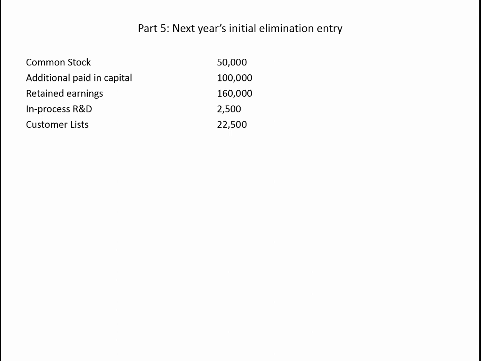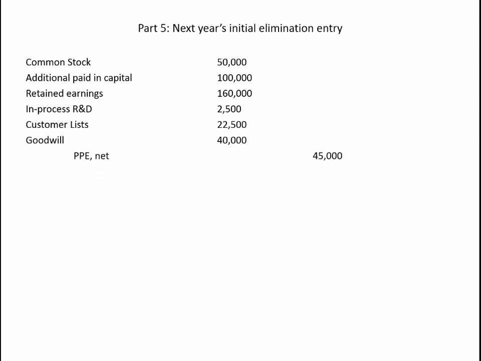Next are customer lists. Last year we created a $30,000 customer list asset and then amortized $7,500 of it, leaving us with $22,500 being carried forward. Goodwill, in the S entry last year we created $55,000 and then we took away $15,000 in the impairment, so we're carrying forward $40,000.